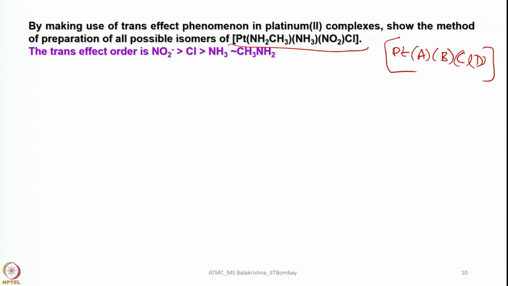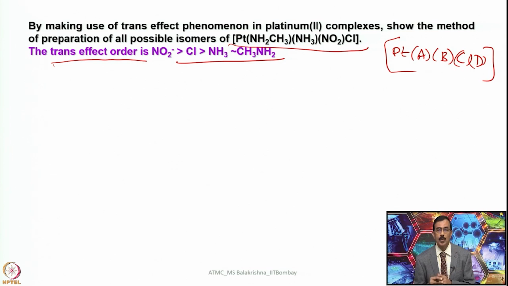I have also provided the trans order for these ligands, and starting with a simple metal complex of our choice, first of all we should know, when we have 4 different types of ligands in a square planar complex, how many isomers are possible. First we should make out that one.